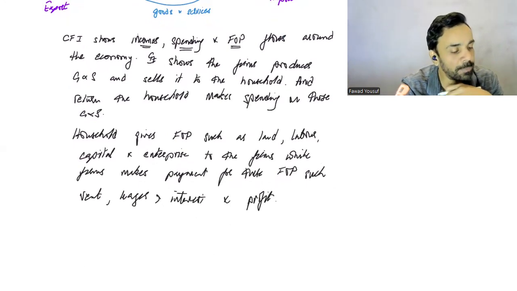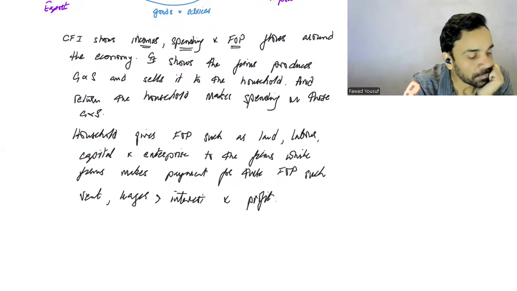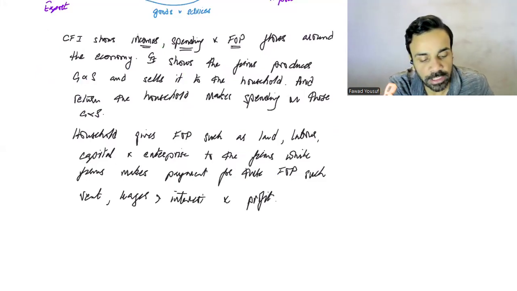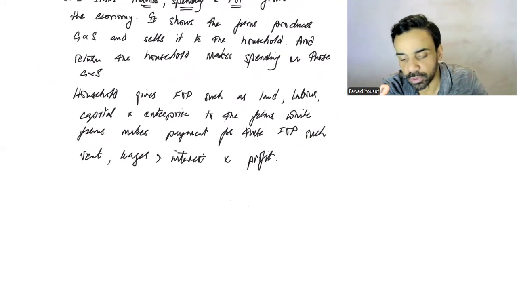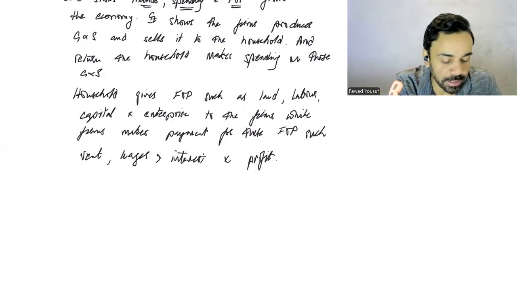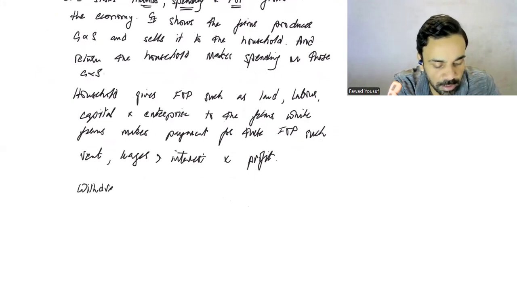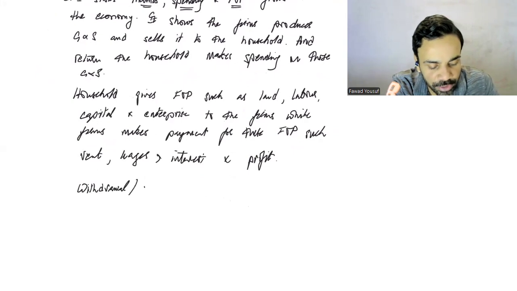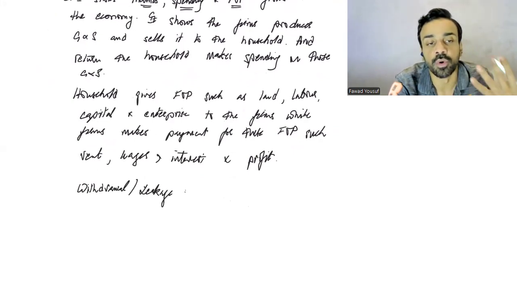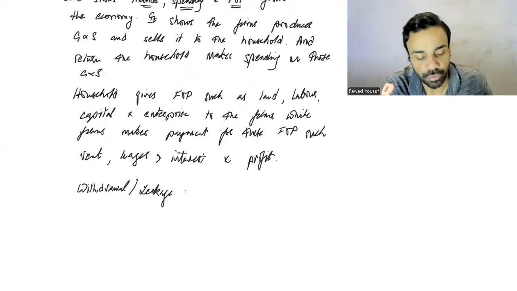ठीक है, फिर उसके बाद we must also mention all the injections and the withdrawals. तो हम ये बात कर सकते हैं कि सबसे पहले we would like to explain what we mean by this term, that there are withdrawals, there are leakages in the economy. तो withdrawal और leakages के अंदर the first thing you should do is you should always explain what you mean by withdrawal.